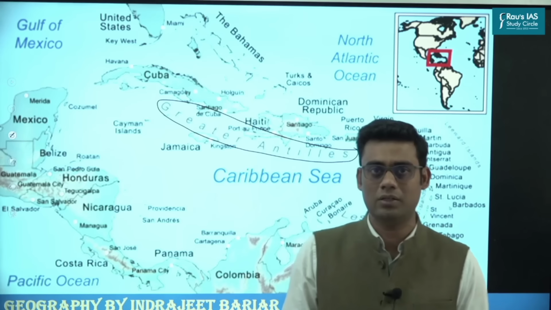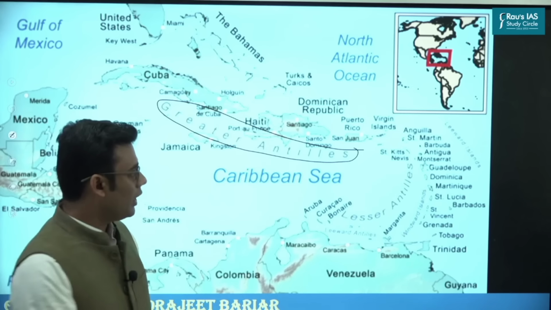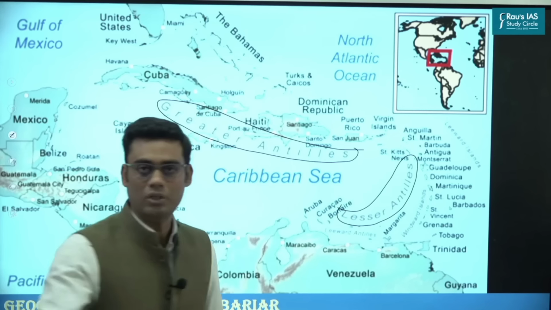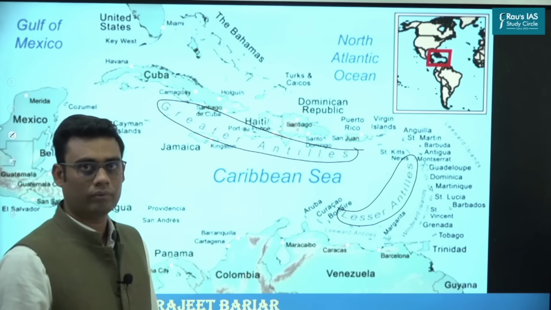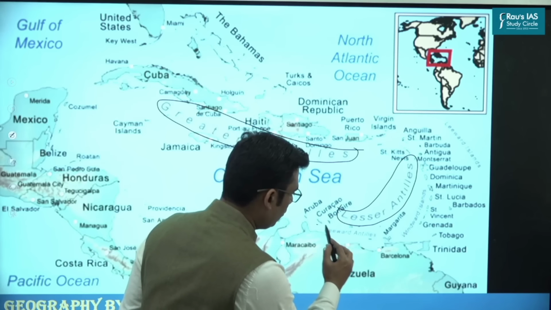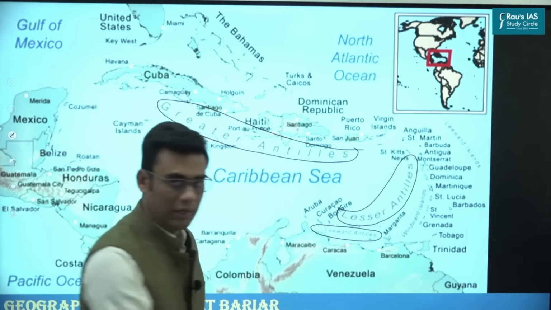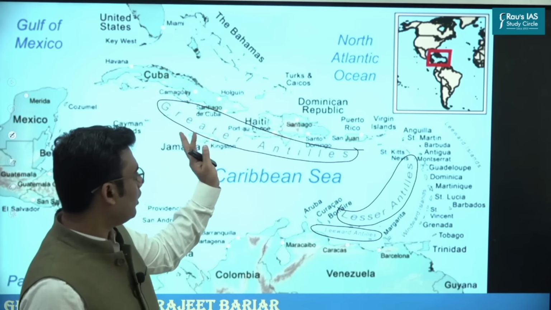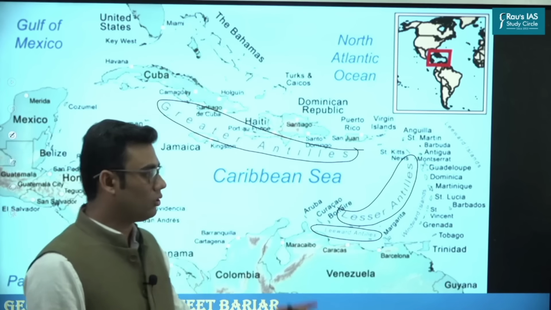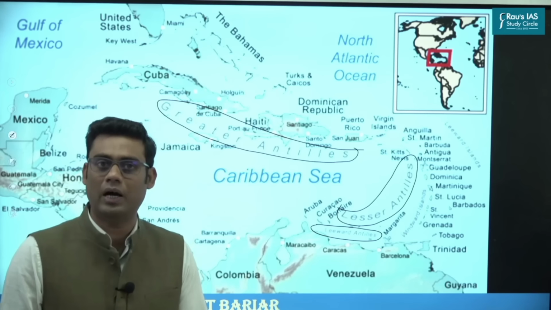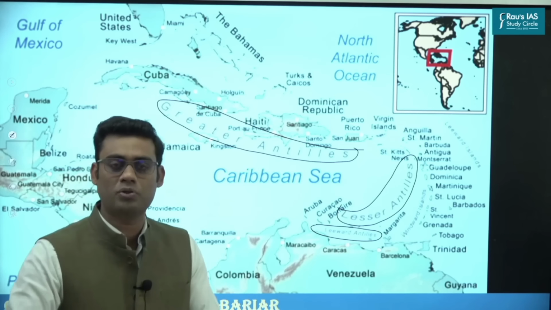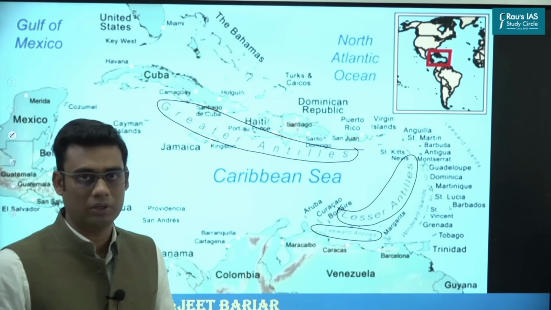Then you have the next one towards the eastern and southeastern side, which is the Lesser Antilles. And then towards the south, Leeward Antilles. So these are the 3 different groups of islands of the Caribbeans.